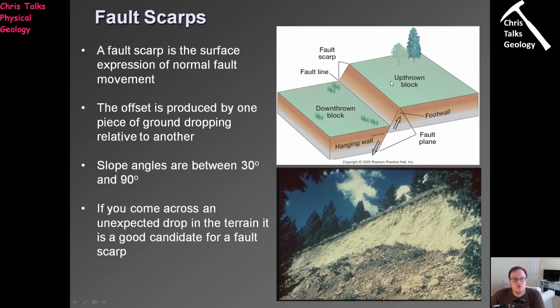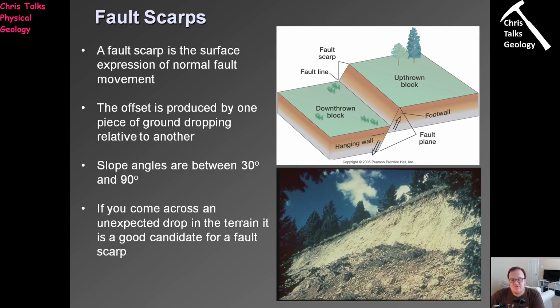So all relatively straightforward. Now, you can spot fault scarps a lot of the time because you have a very, very steep-sided face. Fault scarps will typically be anywhere between 30 degrees and 90 degrees. However, the vast majority of them will be somewhere in the high numbers, in the kind of 70, 80, 90 degree field.